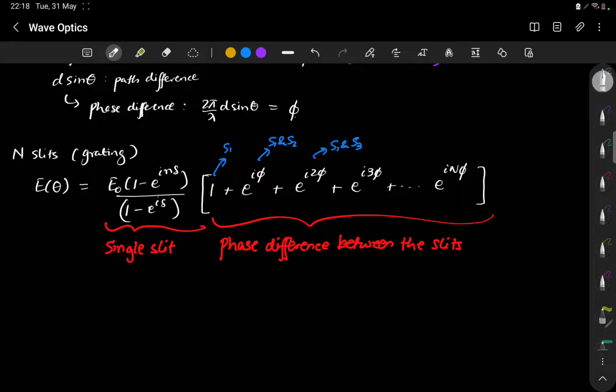Now this is again a geometric series, with the first term equal to 1 and common ratio r is e to the power i phi. So sum of such a geometric series is given as follows. Sum of the n terms.